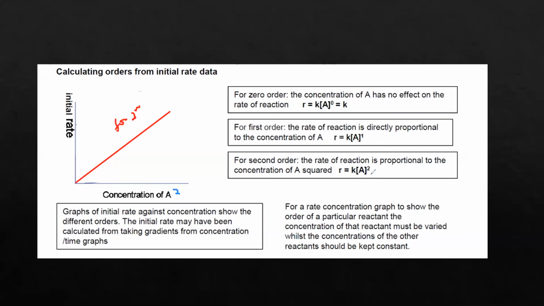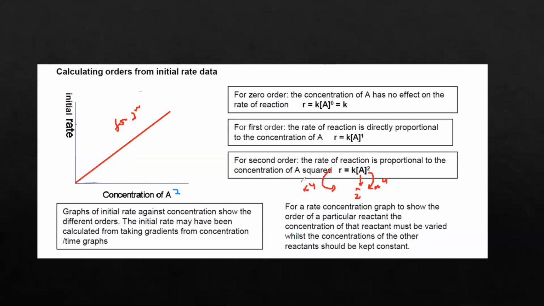So what happens if I double A? Because 2 squared is 4, the concentration square is 4 times. If concentration square is 4 times, rate is also 4 times.